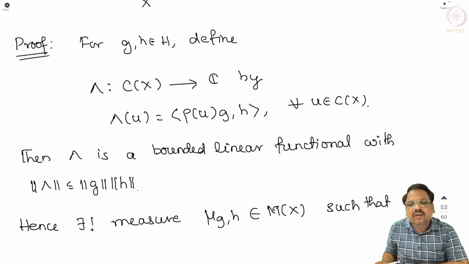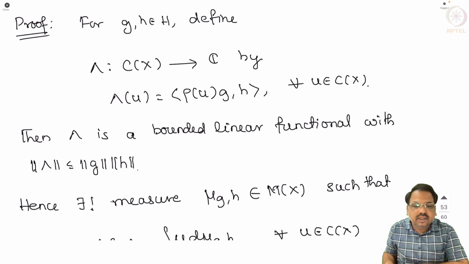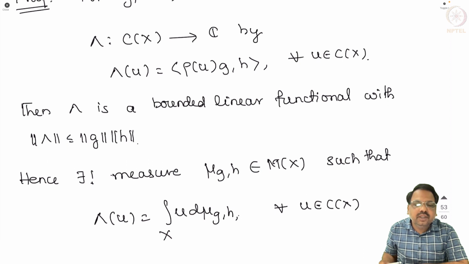So this is a bounded linear functional defined on C(X), hence by the Riesz-Markov theorem, there exists a unique measure which we denote by mu_{g,h}, because it depends on g and h as lambda depends on g and h, such that lambda(u) is nothing but the integral over X of u d mu_{g,h} for every u in C(X).